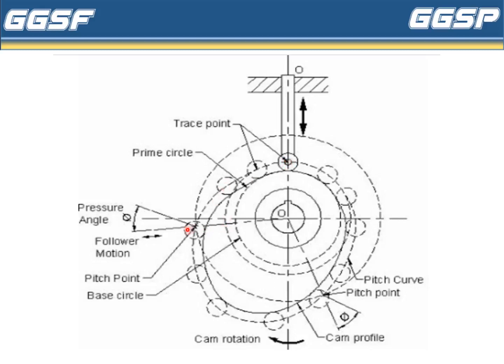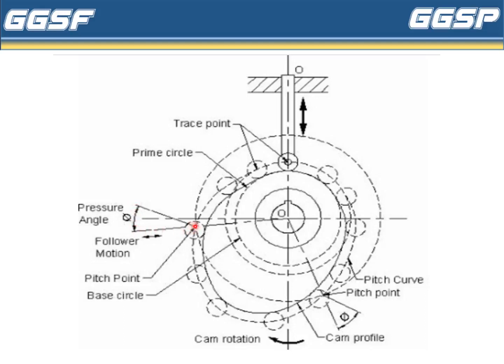Now let us see the third point, that is called a pressure angle. So pressure angle is the angle between the motion of follower and the normal to the pitch curve. Follower motion और normal to the pitch curve दोनों के बीच में का angle क्या होता है? It is called a pressure angle.